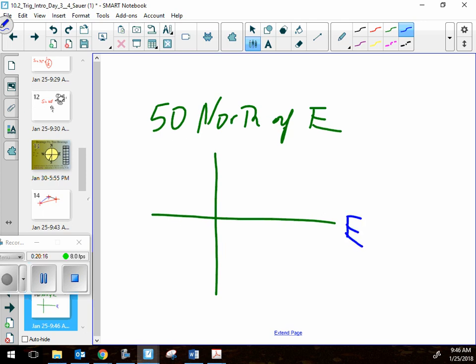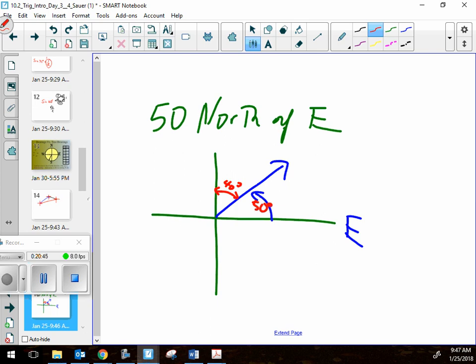Well, here's east. 50 degrees north of that would be like that. What would it have been in true bearing? Just a simple number. If this is 50, you can use logic to figure out, well, that must be what? 40, so therefore that's the same as 40 degrees true. Does that make sense to you?